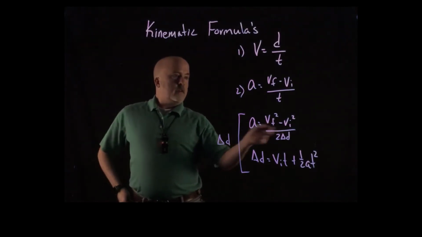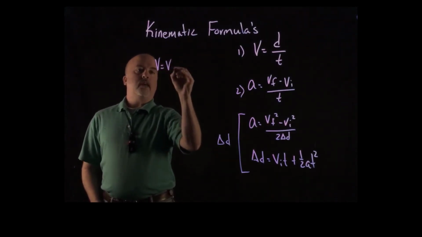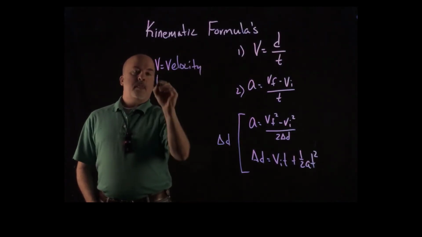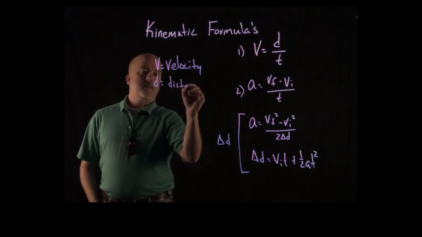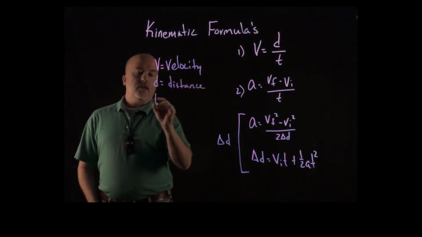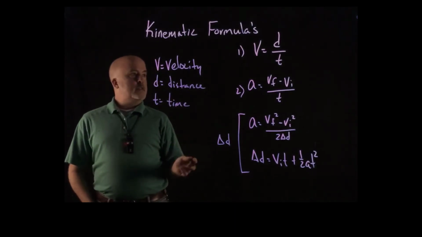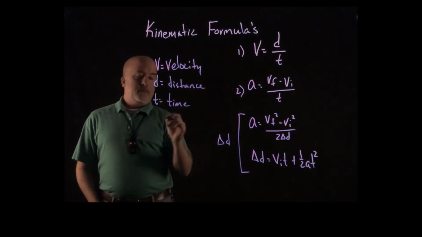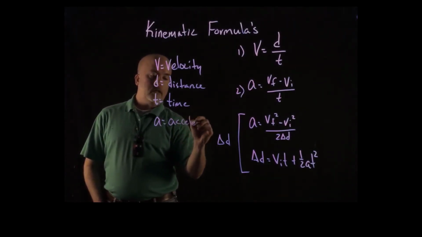Okay? Now let's talk about this real quick. Your main variables: I know that V is velocity. My D is some form of a distance. Little t always signifies time, because in physics we're always looking at some space and time. And of course, A stands for acceleration.